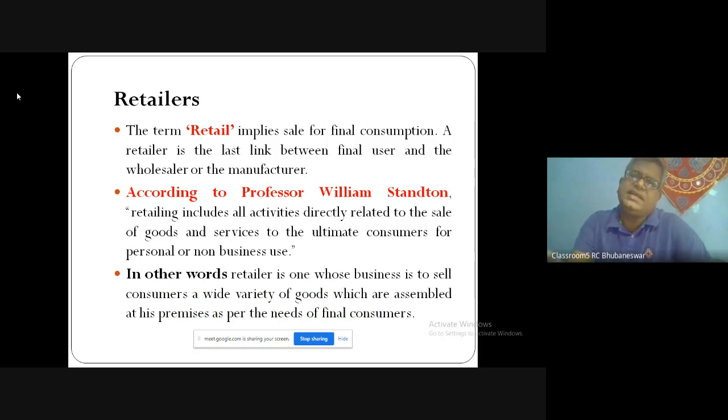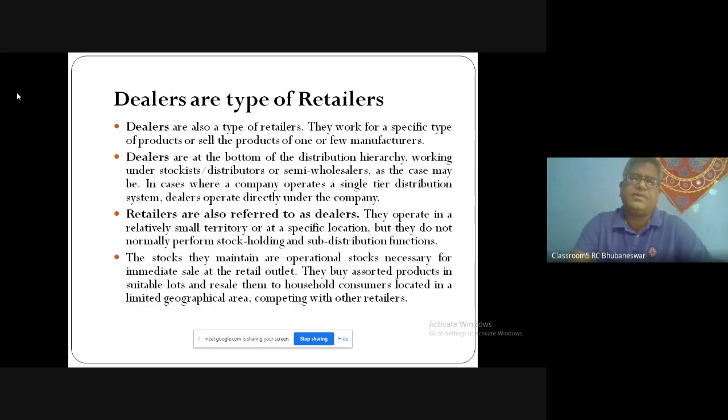But who is called a retailer? If you talk about a retailer, the retailer is in between, a middleman of the manufacturer and wholesaler, who can link the manufacturer to the wholesaler. There are different other definitions too: the whole business is to sell the customer a wide variety of goods, but according to the need of the final customer, there is one retailer who implies the sale for final consumption.